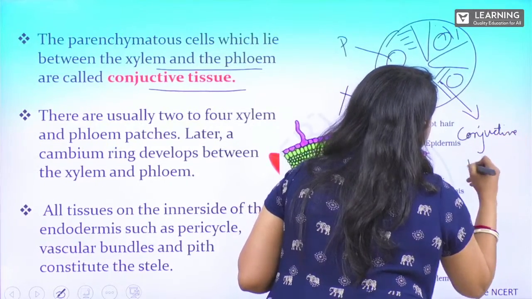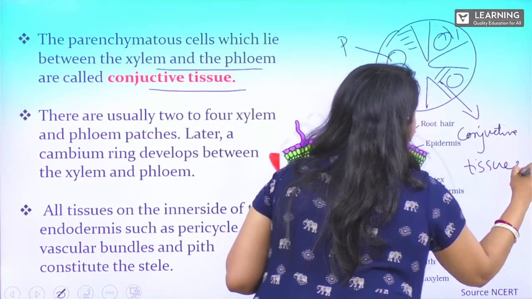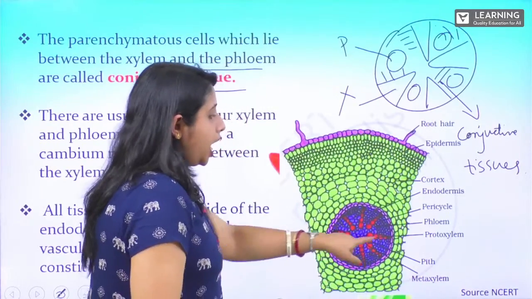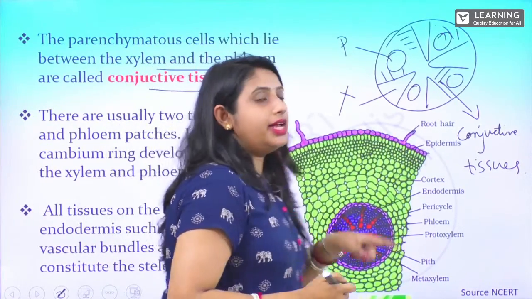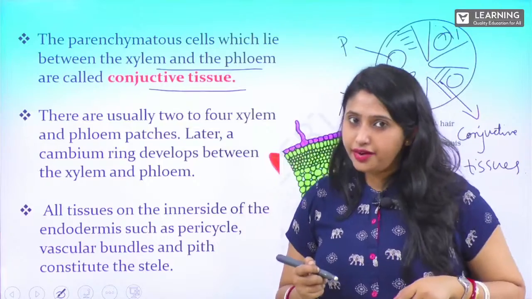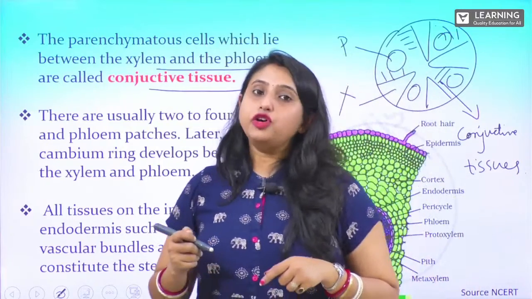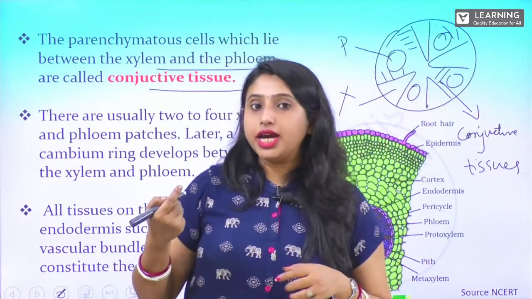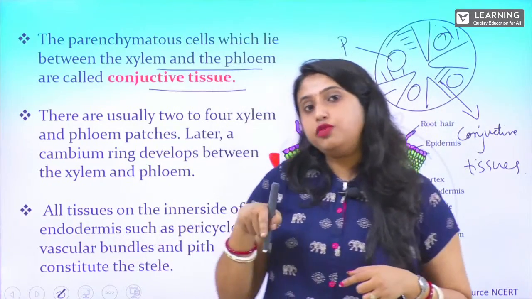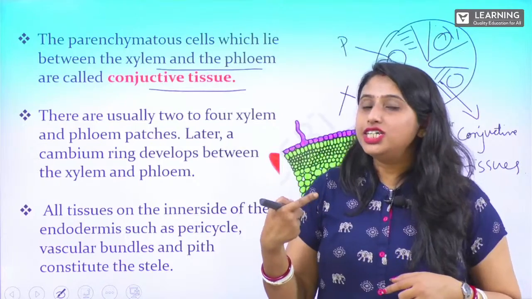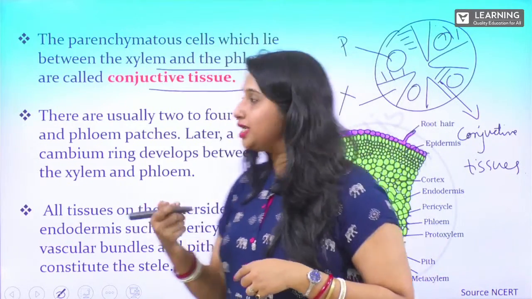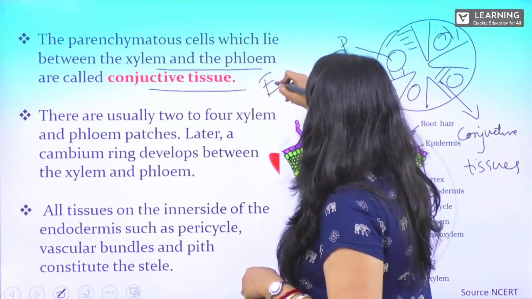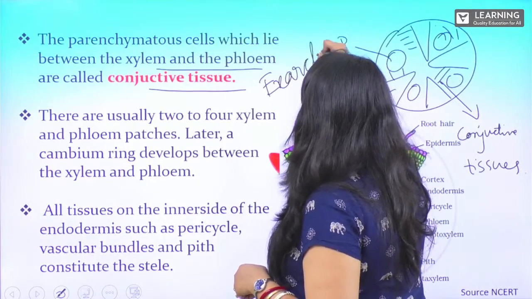Clear? As you can see, you can also see the protoxylem and metaxylem arrangement here. In roots, the protoxylem lies outside and the metaxylem lies inside. We call this condition exarch.